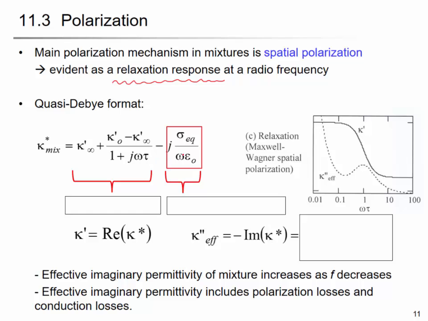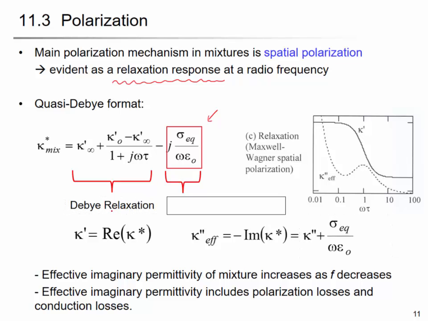formulation. On top of that, you have this conduction part, the conduction loss part. So this is a Debye relaxation part, the same equation that we've seen, and this is the conductivity part. And if we don't have this part, then the effective permittivity will be just like this.